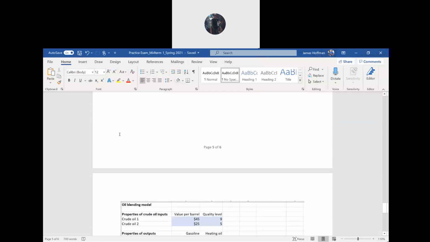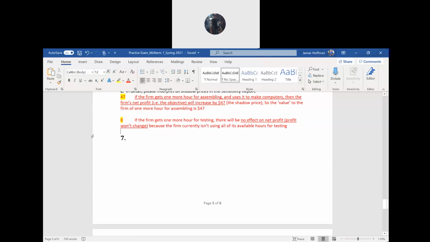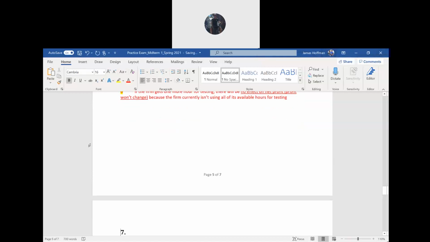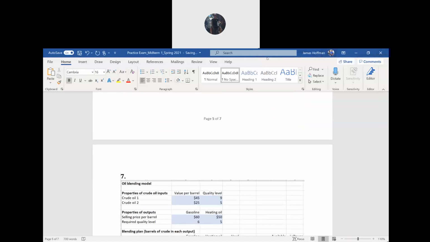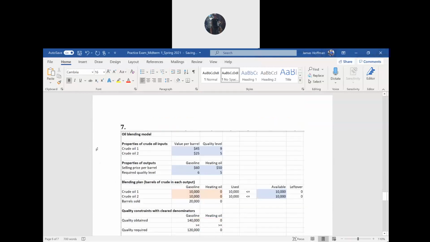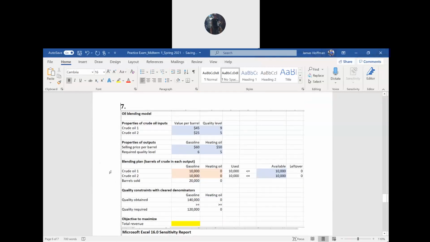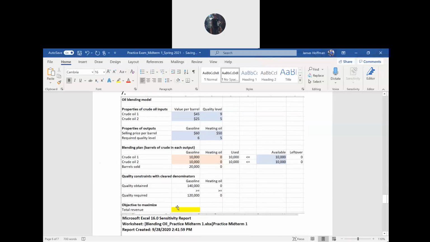All right, one more. Okay, so we got one more on the last one we just did, which was the gasoline heating oil example, where we're trying to maximize total revenue based on selling gasoline and heating oil by using these different types of crude oil to blend it to make the final product.